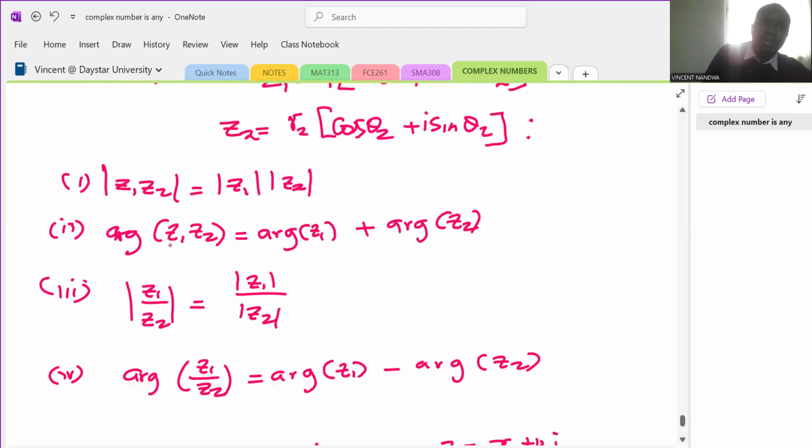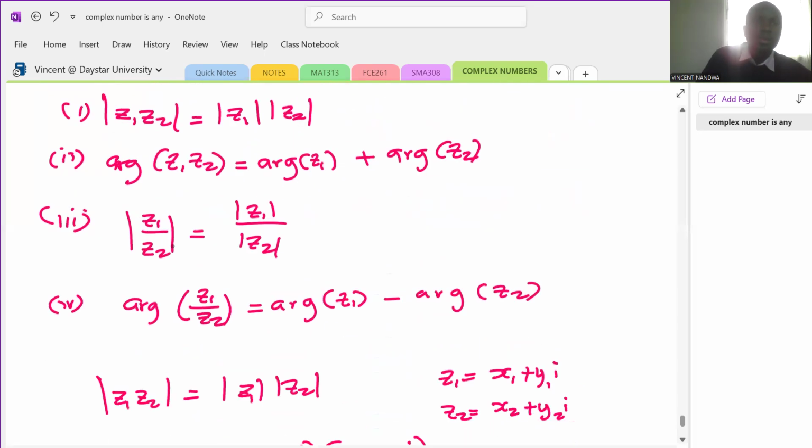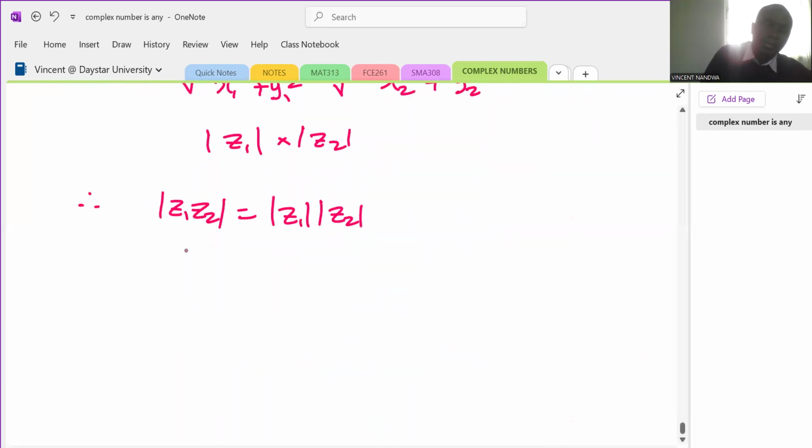And you can actually, in a similar way, provide the result for this Roman 3. And then for Roman 2, argument of product, so argument of Z1 Z2.